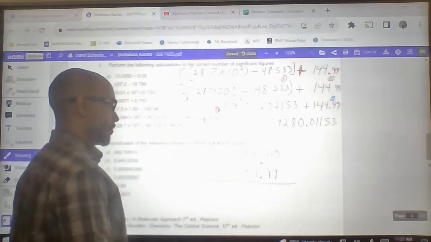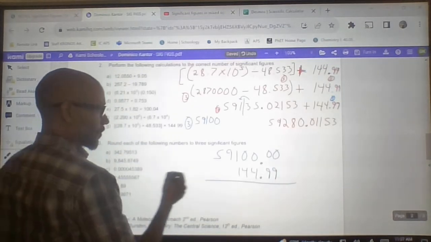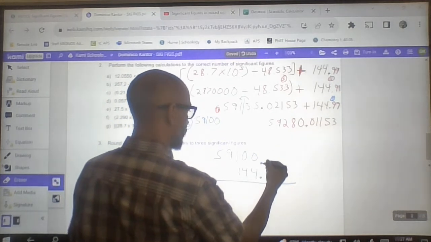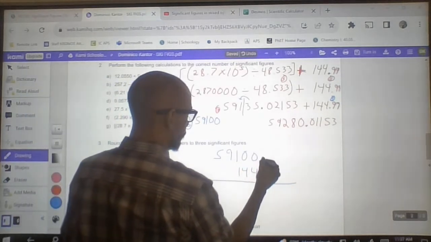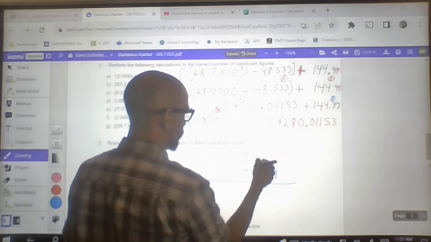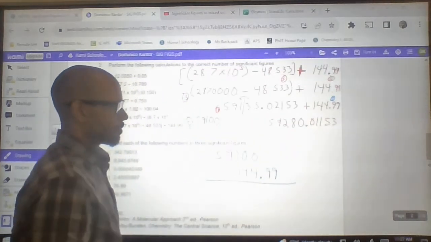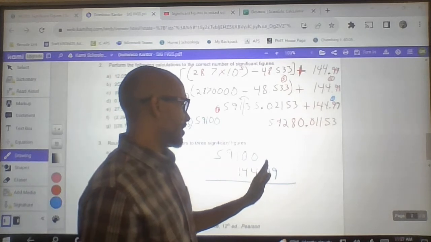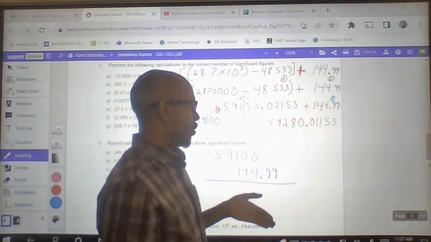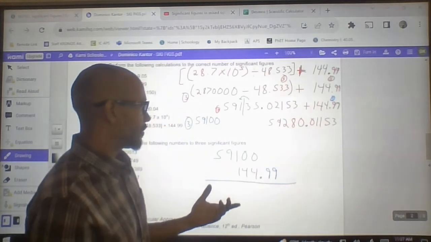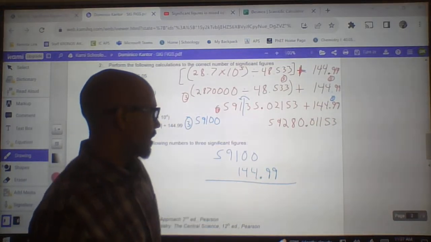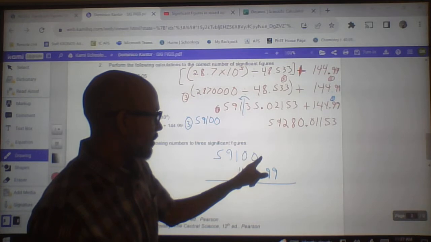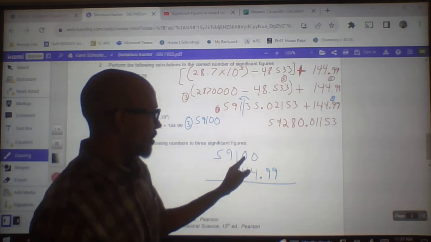Then we're looking for the least number of places behind the decimal. This number wouldn't have a decimal, although it's lined up. So we use the least number of places behind the decimal, or the least amount of certainty. This one is 2 places behind the decimal. Here, there's no place, so these zeros aren't significant.